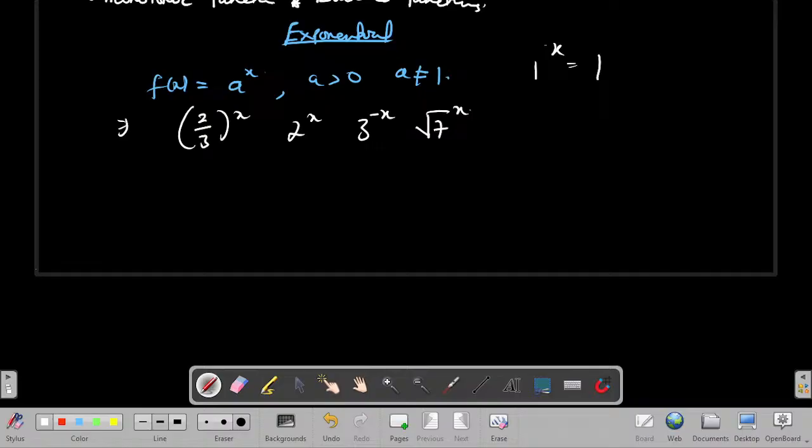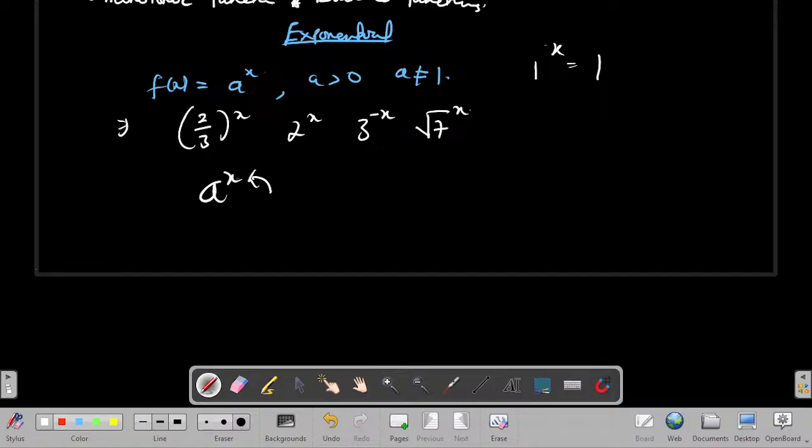Whenever you say argument, or the container of a function, it is the part of the function that actually holds the inputs. If I'm to add an input, where does the input go? The input goes up here, right? So the input up here is of our interest, so that there is no number on earth that when you put it at the input of an exponential function will make it undefined.